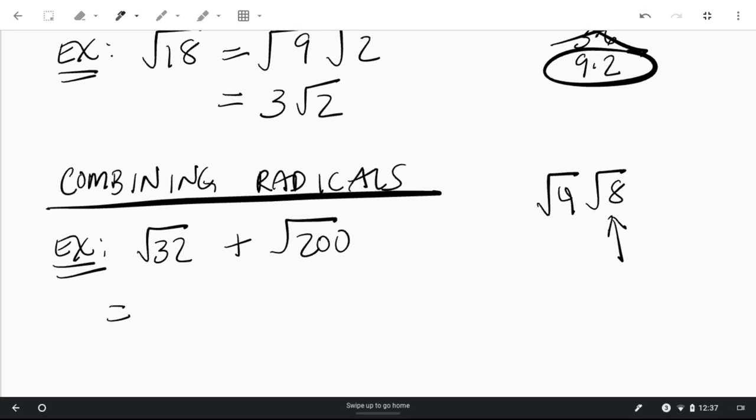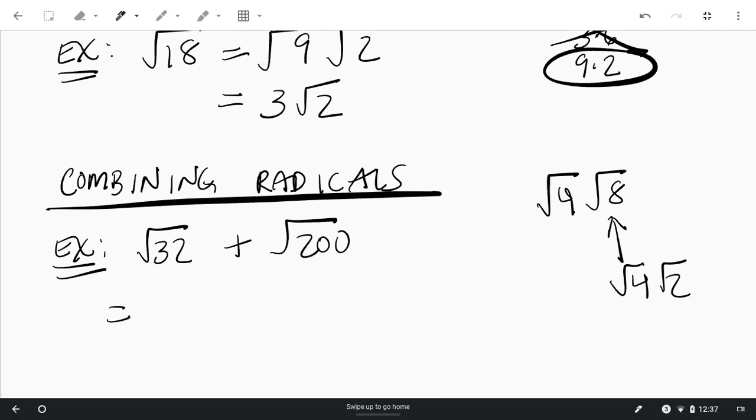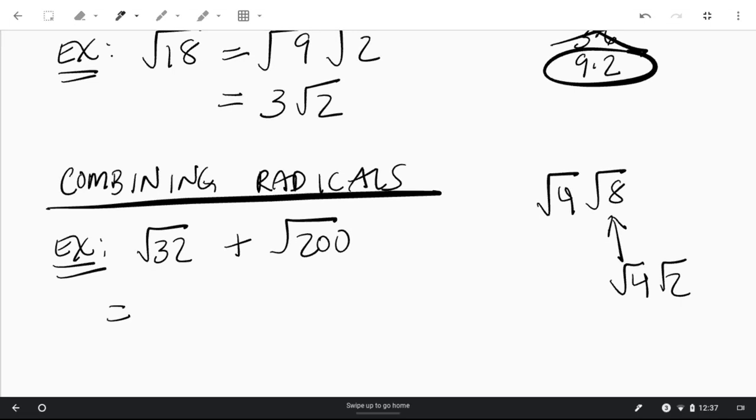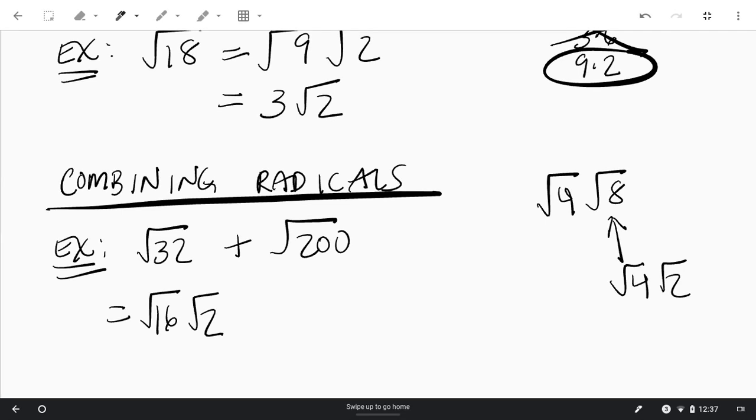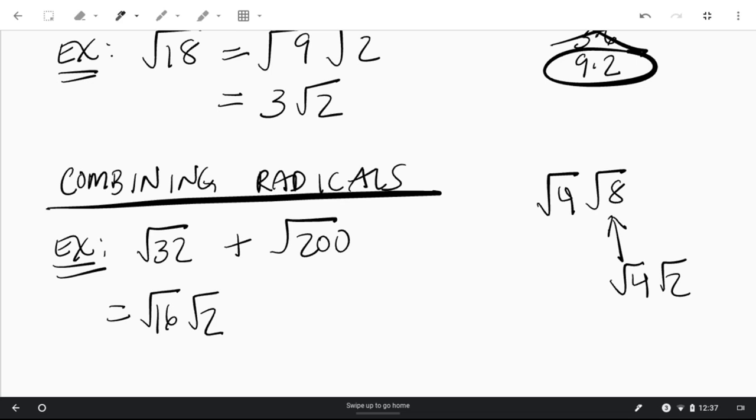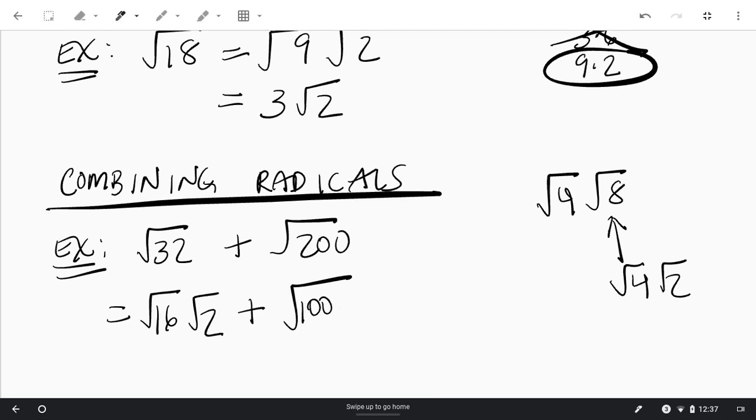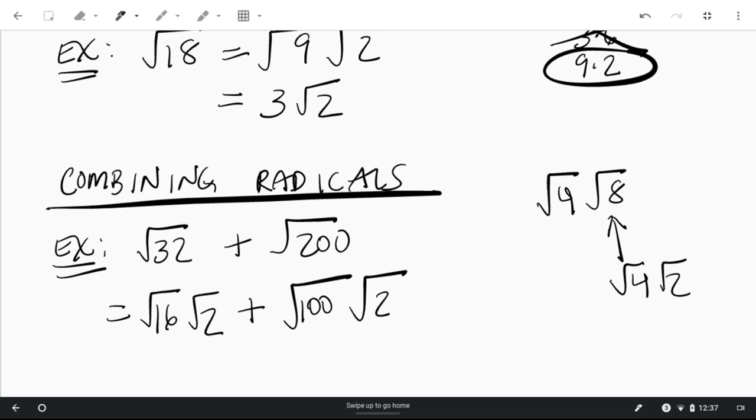So you need to just make sure that you break it down some more if you can. So over here, I'm going to use 16 times 2. And then that 2 can't be broken down anymore. And over here, I'm going to use 100 times 2. So the 16 and the 100 are both perfect squares.